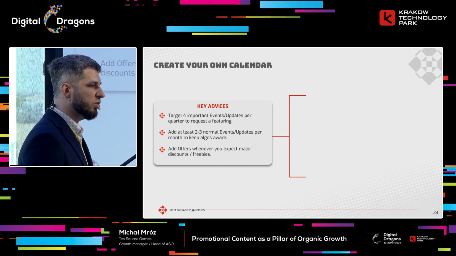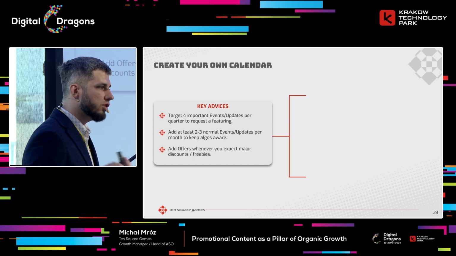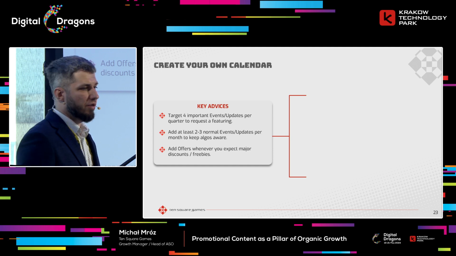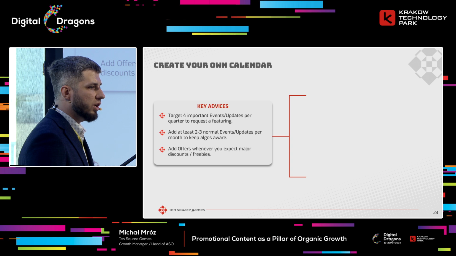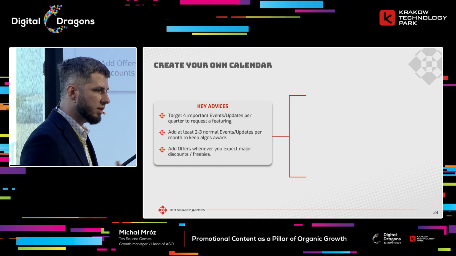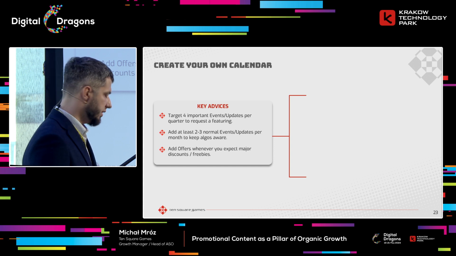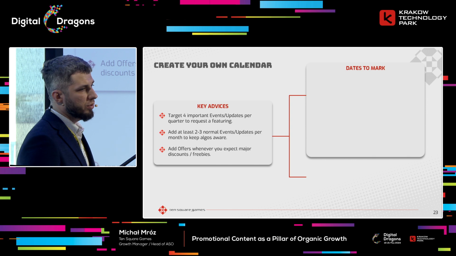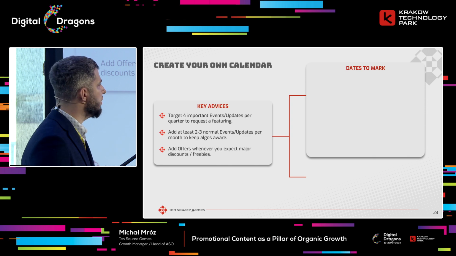If you work with algorithms, it's really worth telling them that something is happening. And then, whenever you have a relevant offer, whether it's an extra month of subscription or a free gift or whatever, it's also worth adding to get some other converters. And when it comes to the calendar, it's worth remembering at least a couple of events that you wouldn't like to miss out on.